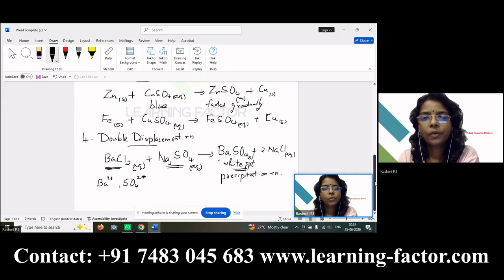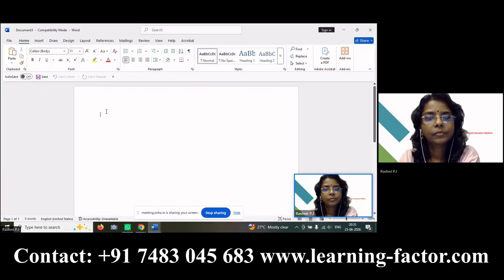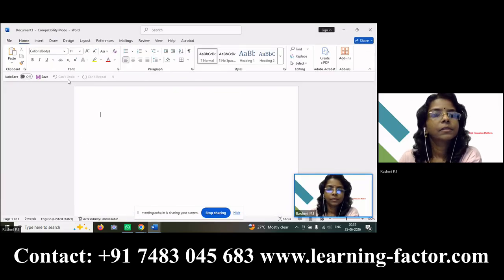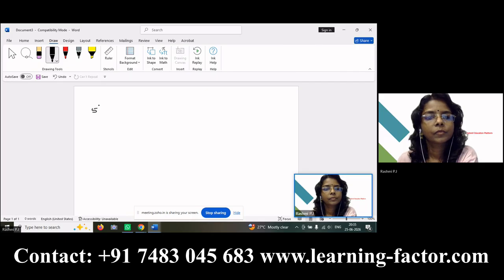So moving to our last chemical reaction, that is oxidation and reduction. The fifth one is our oxidation reduction reaction.